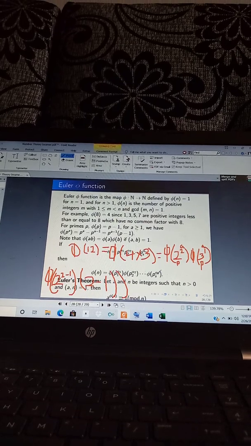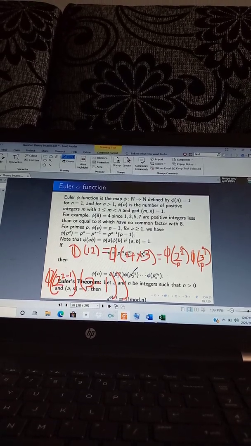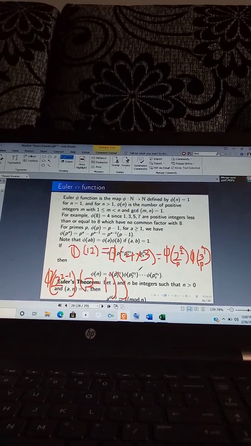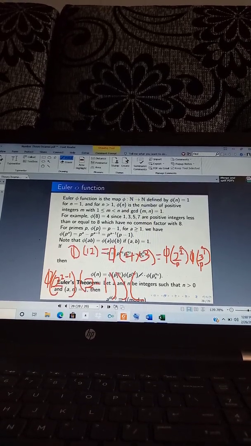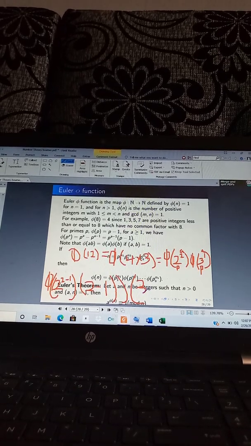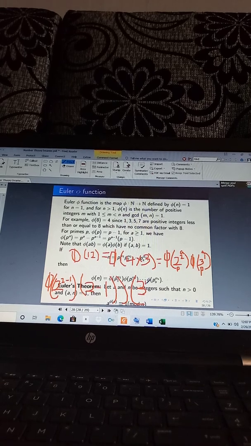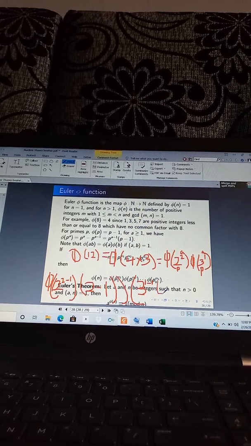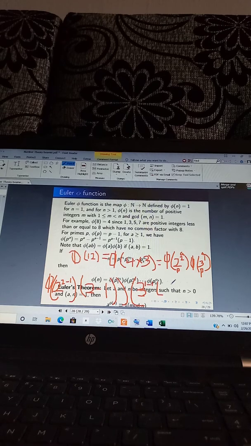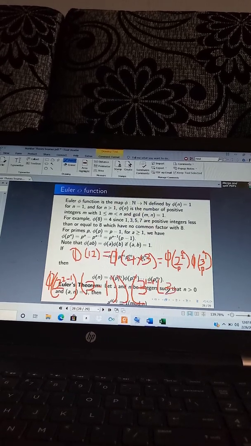Now for this other one, we are going to have 3 raised to power 1 minus 1, and in the bracket 3 minus 1, that's p minus 1.